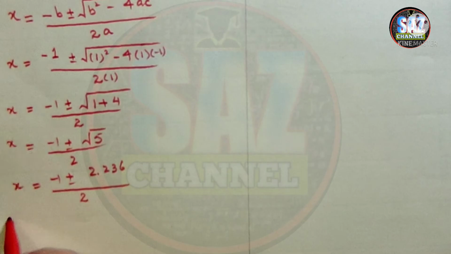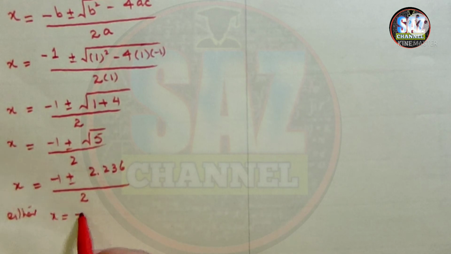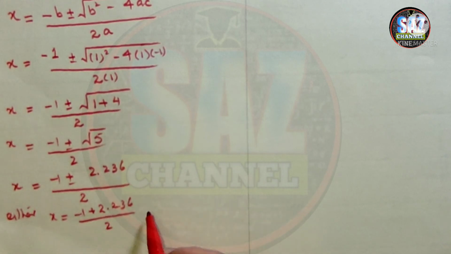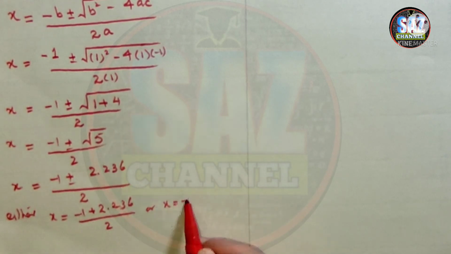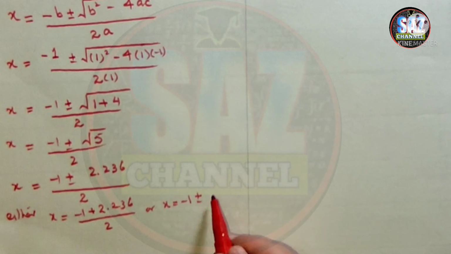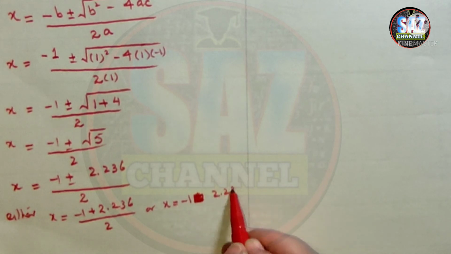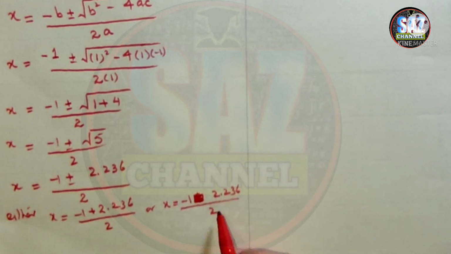Either x equals to minus 1 plus 2.236 over 2, or x equals to minus 1 with the other root, minus 2.236, divided by 2.